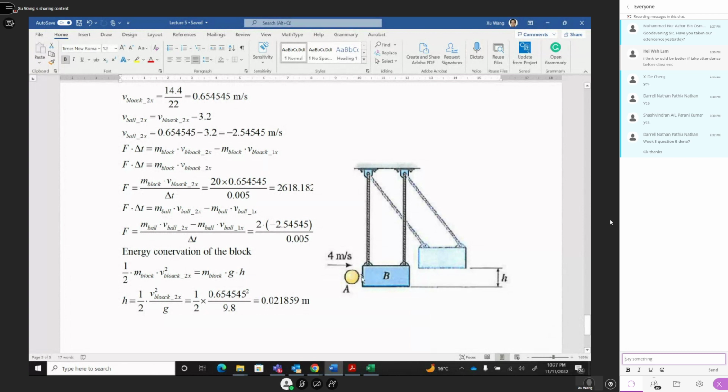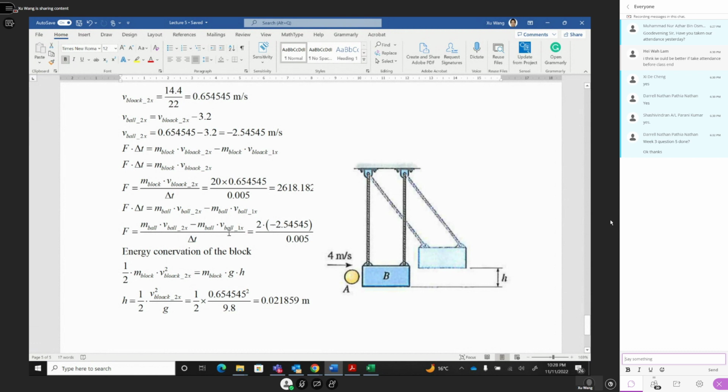In the same way, if we study the ball, we have F times delta t, force times delta t. To study the ball, after impact the ball momentum is m ball and v ball 2x, minus before impact m ball multiplied by v ball 1x, and then you get the force should be this one divided by delta t. So m ball is 2, okay, and the v ball 2x we already calculated is equal to minus 2.54.